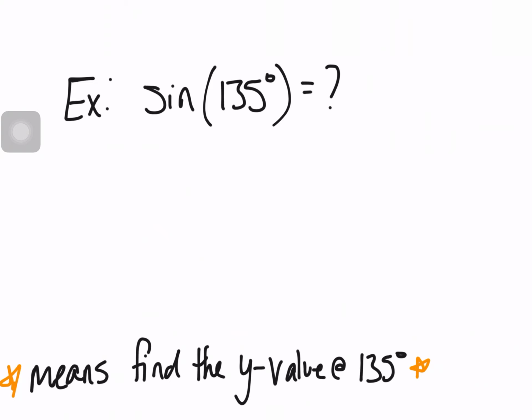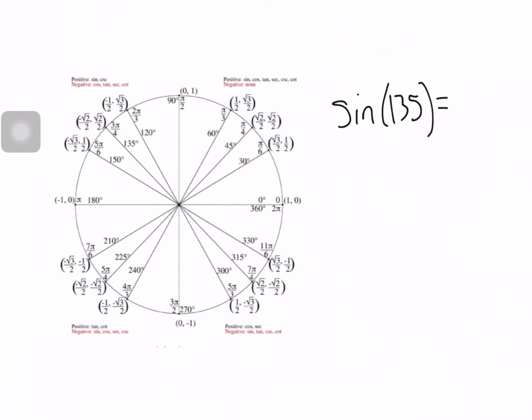That will be in a different video, or you can do some research on your own if you want to figure that out immediately. But for right now, I need you to know that x is the same thing as cosine and y is the same thing as sine. So really, in order to find the cosine, we are going to just find the x value at whatever angle we're working with. And to find the sine, we're going to find the y value.